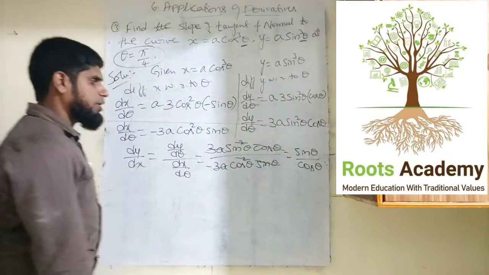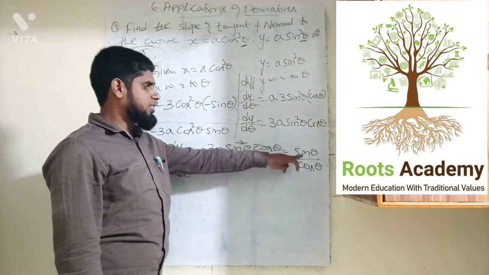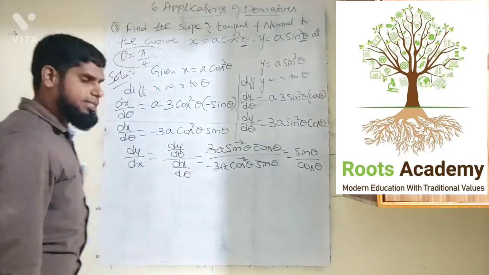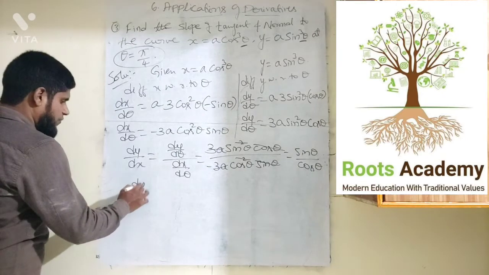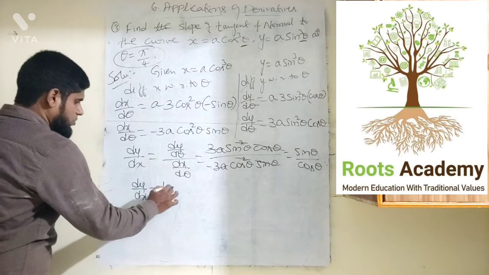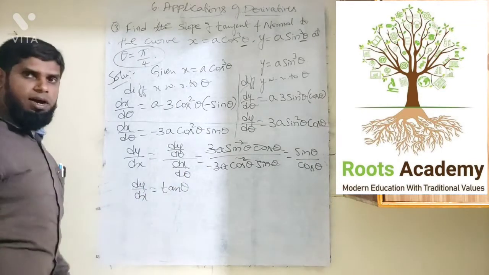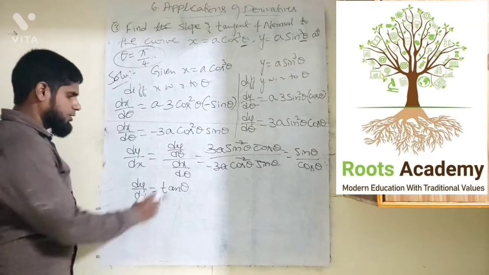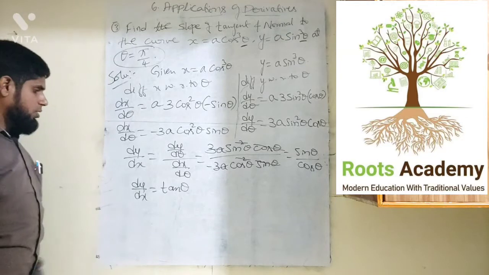So student, we know in trigonometry we studied very basic thing is sin by cos is tan. Our final dy by dx is equals to tan theta. Okay, tan theta we got.